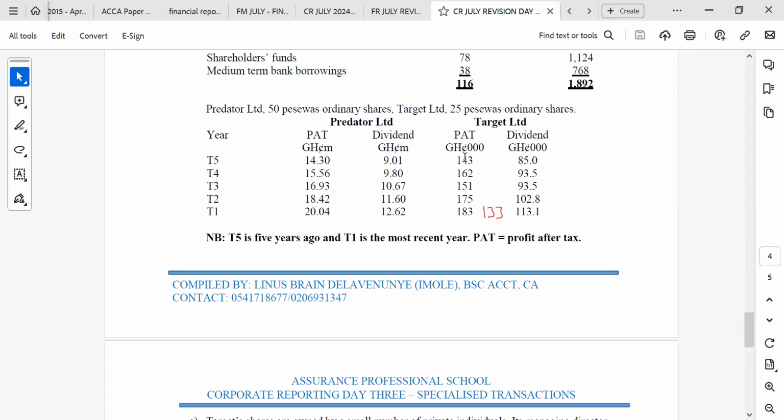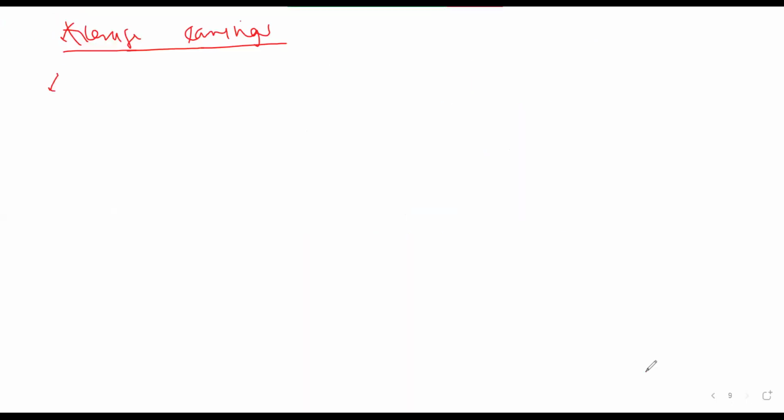If you divide by 5, so let's pick all those, our average earnings will be calculated as 143 plus 162 plus 151 plus 175.